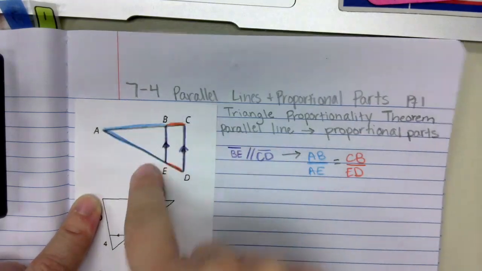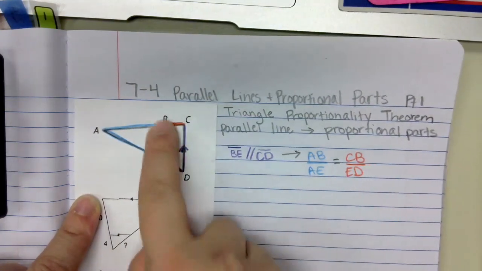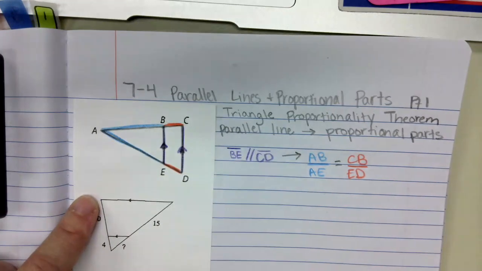So this over this equals that over that. Because these are parallel, the way that they run, it has to allow for proportional parts.